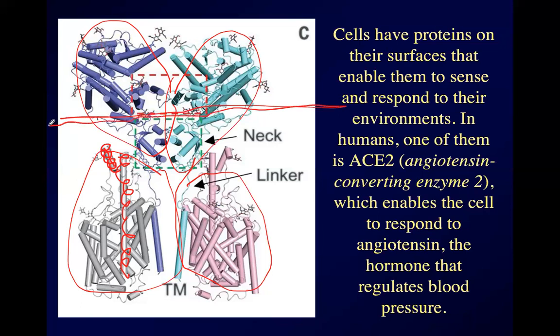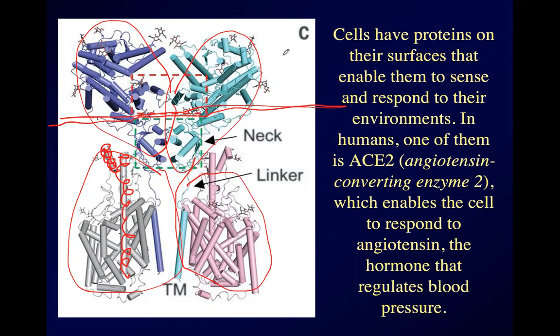And the part that sticks out can bind to other proteins or other molecules on the outside and then change shape and cause something to happen on the inside. So you could think of these as being little antennas that enable cells to respond to the environments that they're in. This particular one, ACE2, enables a cell to respond to a hormone that regulates blood pressure called angiotensin.